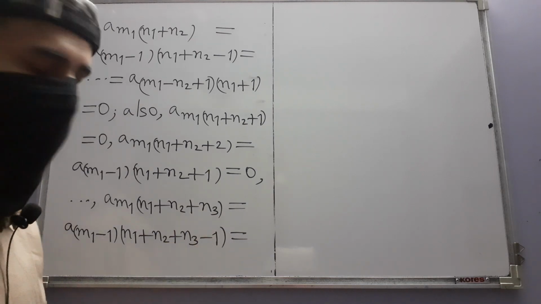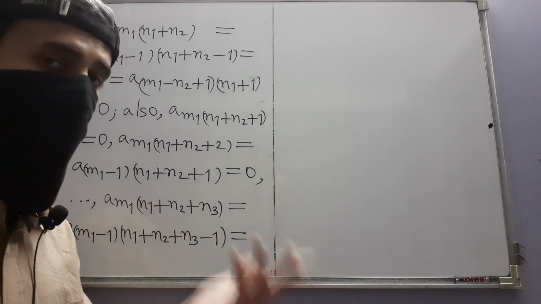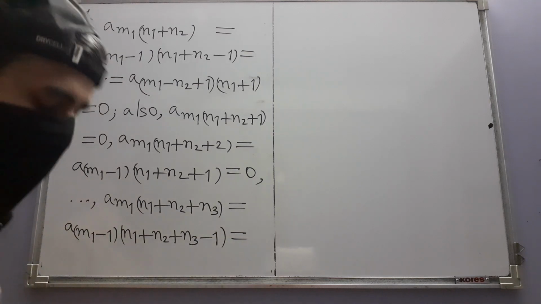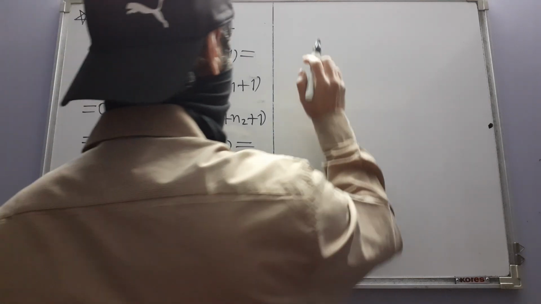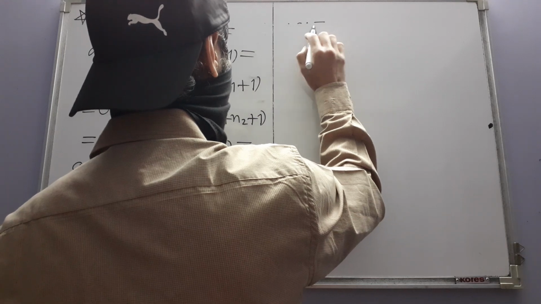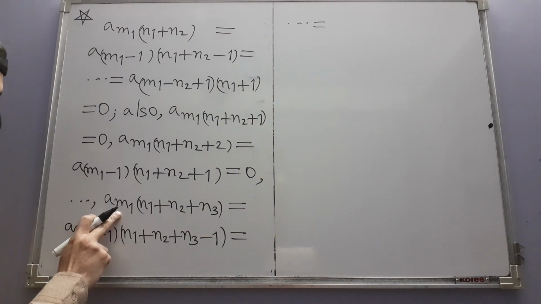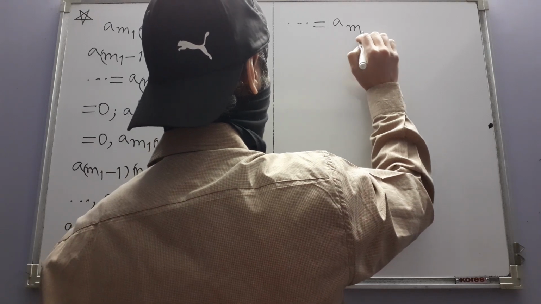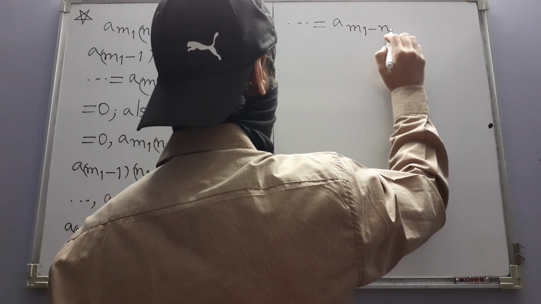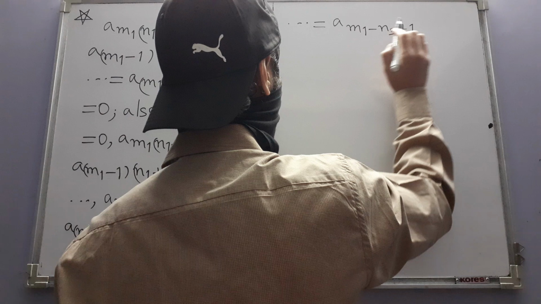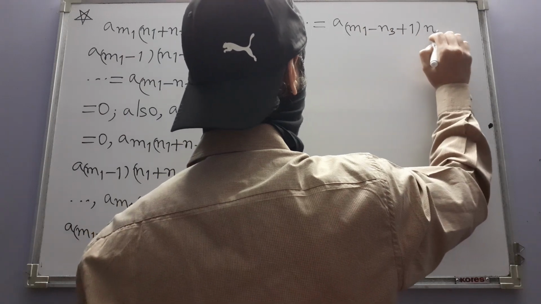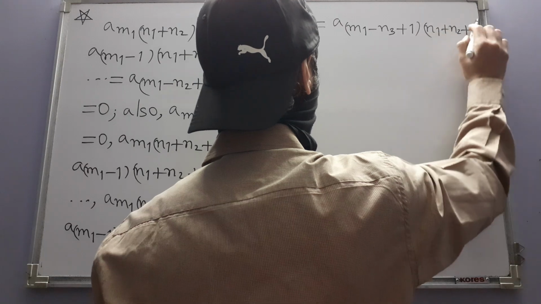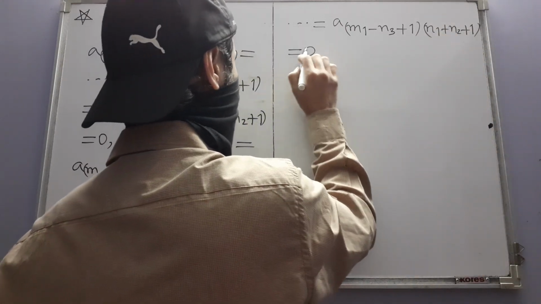We want to make n3 1. So we have to subtract n3 minus 1 from this, and that same thing we have to subtract from m1 as well. So m1 minus (n3 minus 1), so minus n3 plus 1. And this then becomes n1 plus n2 plus 1 and that is equal to 0.